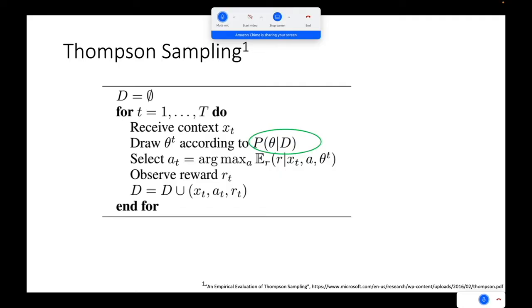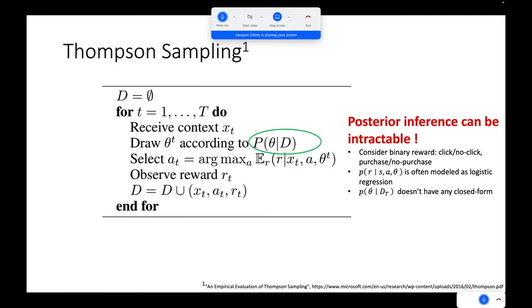It turns out that even if we make the simplest assumption, like we have a binary reward, and the reward is modeled as a logistic regression, computing the posterior doesn't have any closed form, and we need to use some approximation either through sampling techniques like Gibbs sampling or use a variational or mean-field approximation.